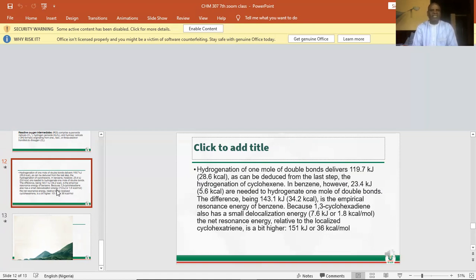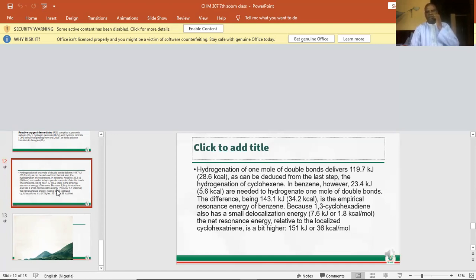Hence, the net resonance energy relative to the localized cyclohexatriene is a bit higher, around 151 kilojoules per mole or 36 kilocalories per mole.